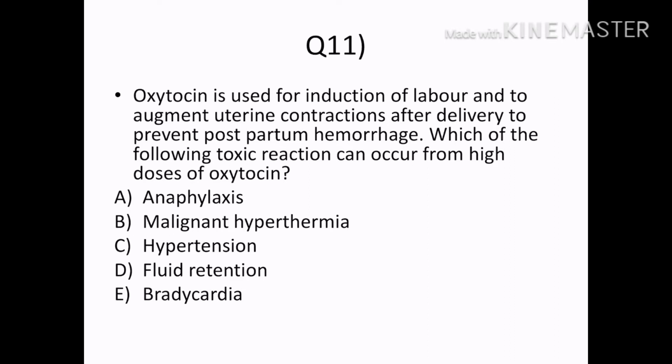Now, oxytocin is another hormone that is released from posterior pituitary. Oxytocin is also given exogenously to induce labor and augment uterine contractions. However, high doses of oxytocin can lead to toxic reactions. Which of the following toxic reaction is the right answer? The right answer is D, which is fluid retention.